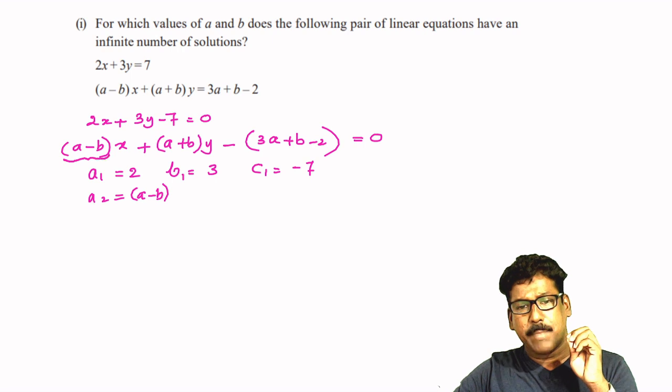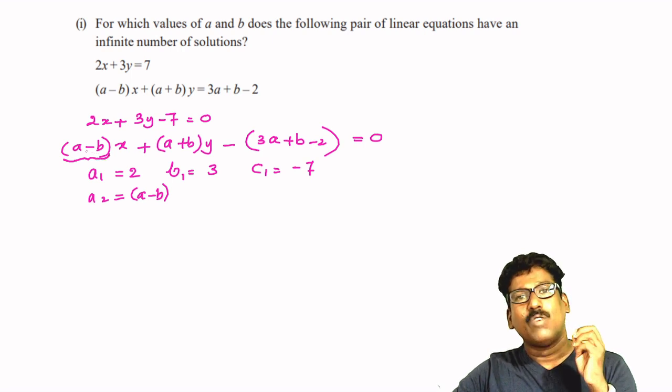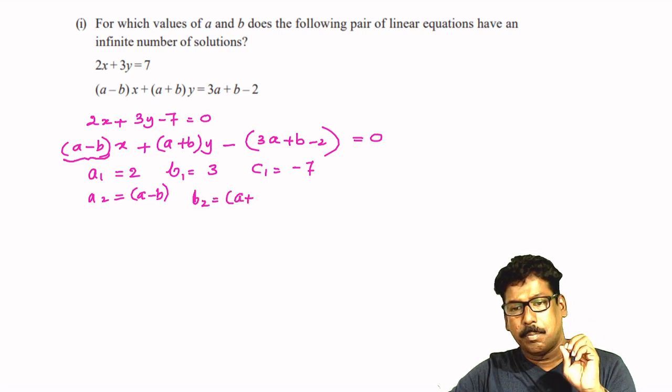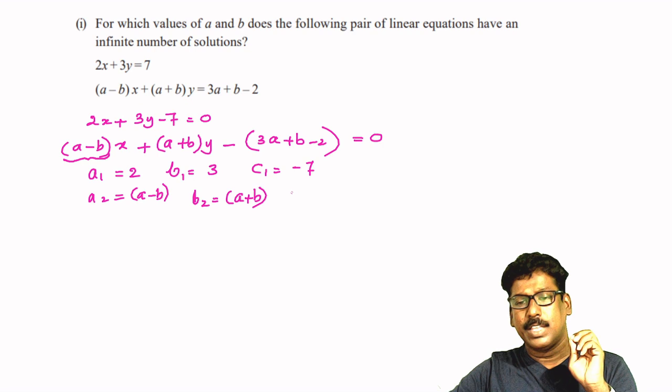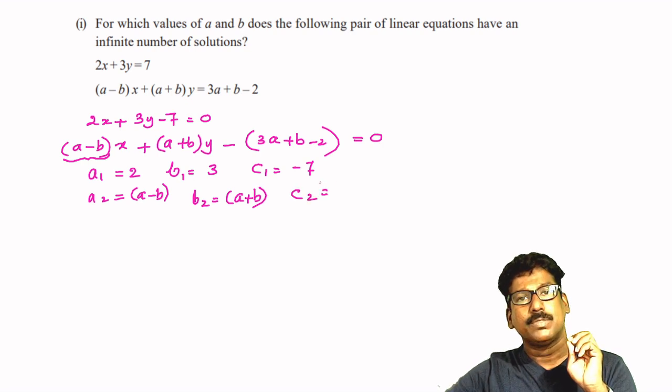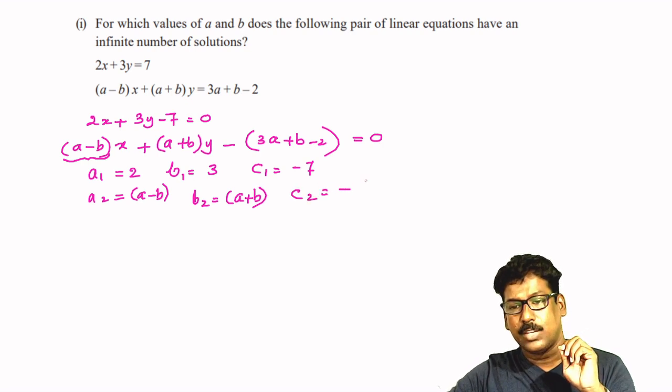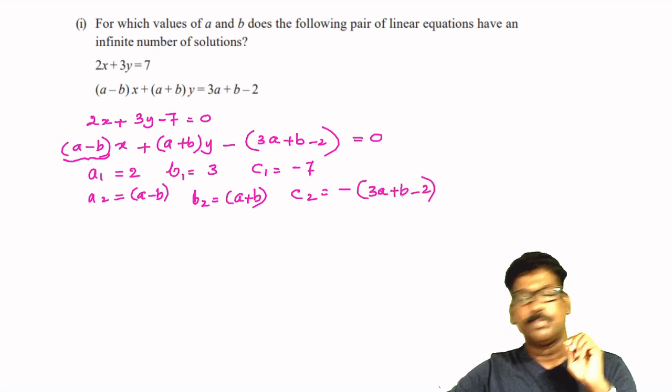Then what is the coefficient of y? Yes, b2 you can write as a plus b. Then c2, with the sign, you have to write as minus of (3a plus b minus 2).